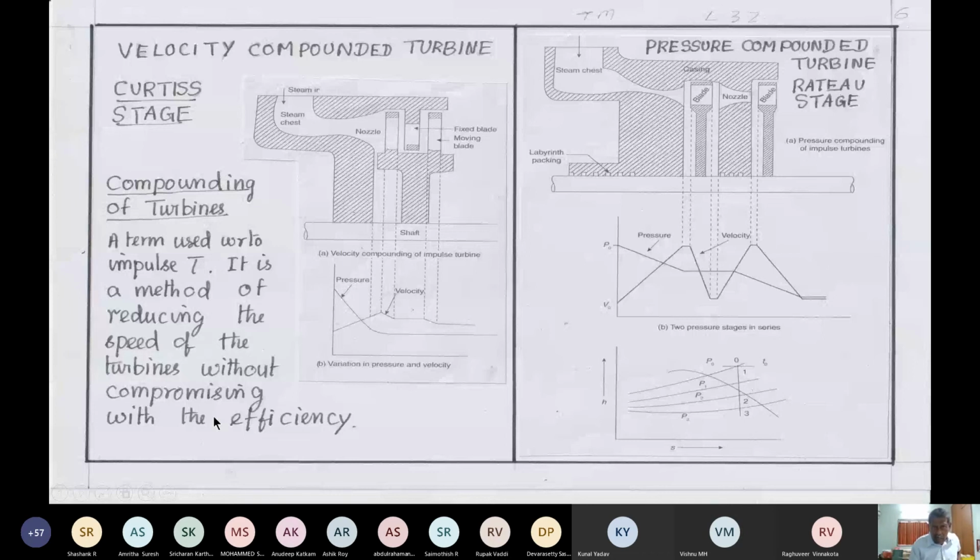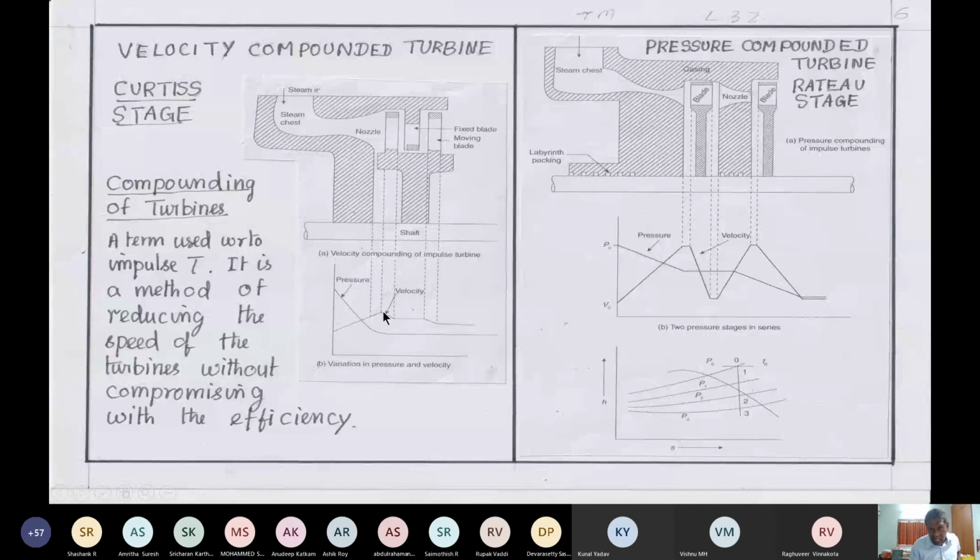the rotor with two rows of blades, and in between, a row of stator blades has been put. Now you can see what happens. In the nozzle, the entire pressure is reduced and the velocity is increased. Then in the first blade, some amount of velocity drop is there, energy is given.